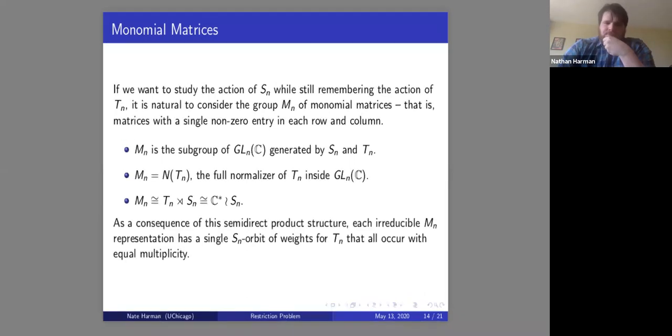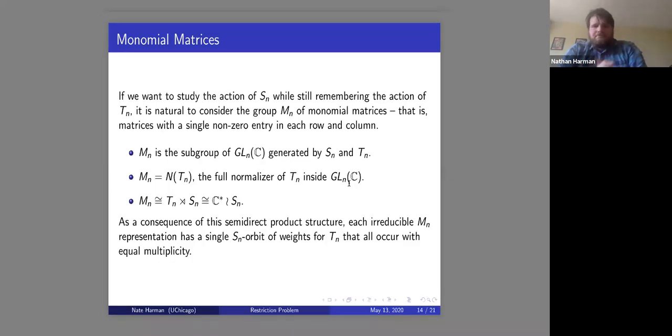All right, so one consequence of this semi-direct product structure is that the irreducible representations of monomial matrices consist of a single Sn orbit of weights for Tn. So what was going on in that last slide is each of those colors was corresponding to an Sn orbit of weights, and these monomial matrices were acting on each color separately.